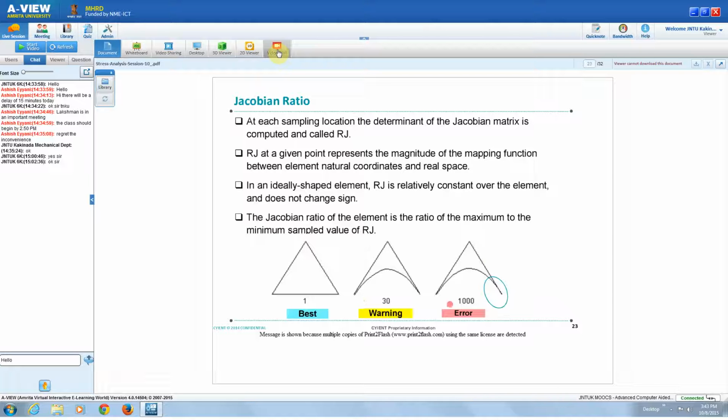And this is a warning element which is 30, and this is a warning element 1000. Why is there a big difference? It looks the same, but if you look closely here, these edges are touching here, so that will result in error elements.